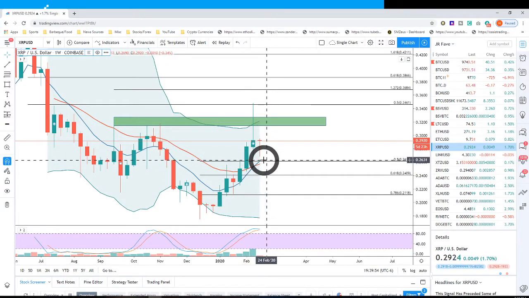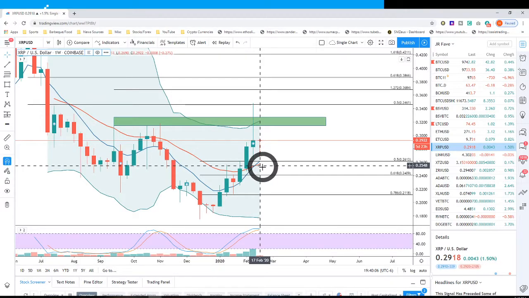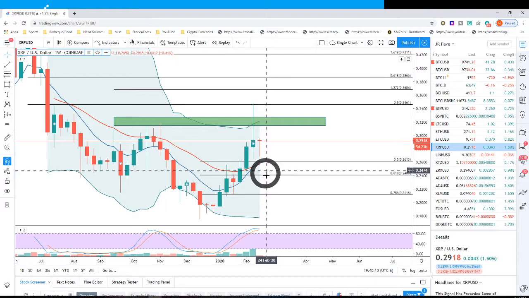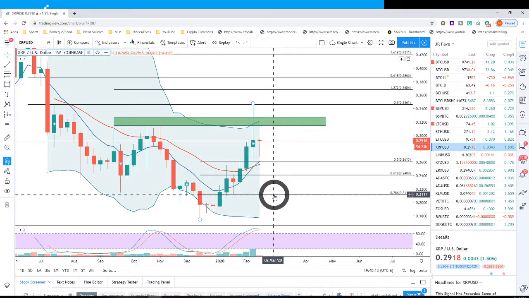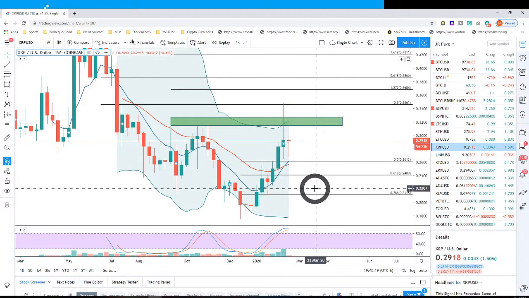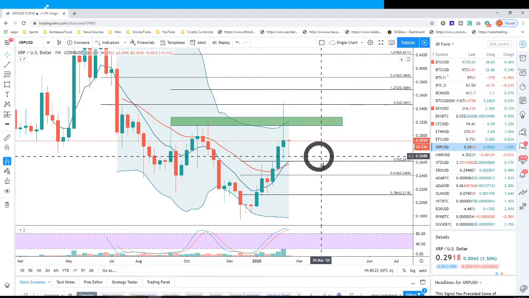So if you're in XRP, your area to hold is 25 cents on a closing basis. If you start breaking down below here, and especially if you get a close below this, party over. And it probably comes down and makes lower lows. So XRP doesn't look too bad, really, at least on a weekly chart.